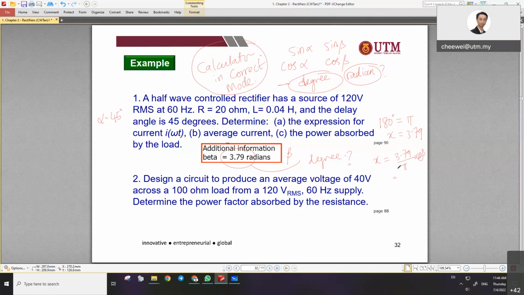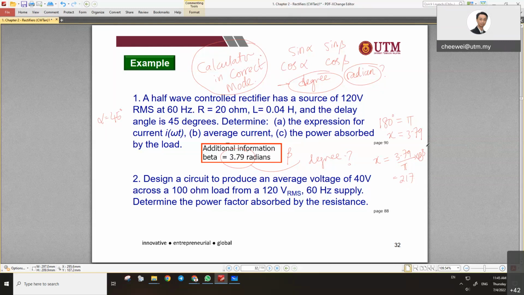Press your calculator: 3.79 divided by pi times 180. What is the number? 17.15. 17? 217. 17.15, are you sure?